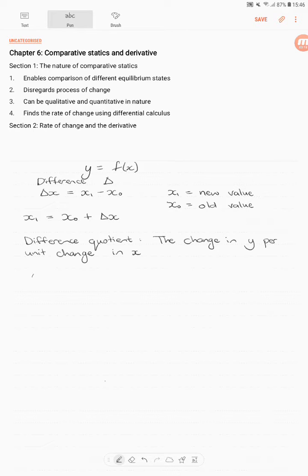That means a change in y given a change in x is equal to our function at the new equilibrium, which is the old equilibrium plus a change, minus the original function, over the change in x.